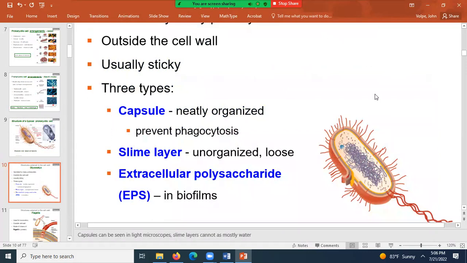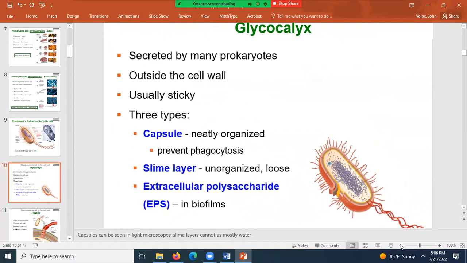There are 3 types of glycocalyxes. There's a capsule, which is neatly organized, and it has more things in it than just water. If you can see the glycocalyx in the light microscope, it's a capsule. Any questions about any of that?